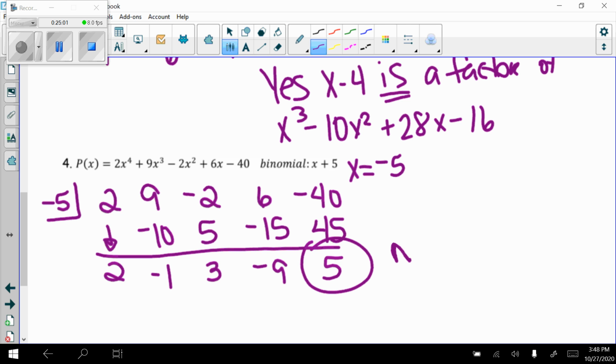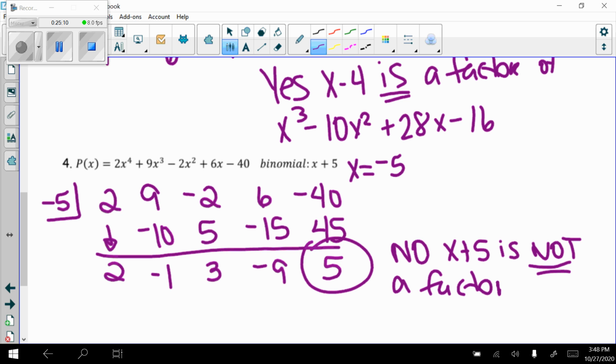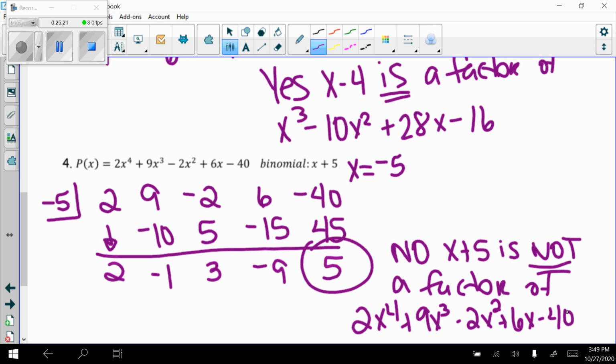So by the factor theorem, we can say no, x plus 5 is not a factor of 2x to the 4th plus 9x cubed minus 2x squared plus 6x minus 40. Again, so what does that mean? When we graph this, -5 would not be an x-intercept. Okay.